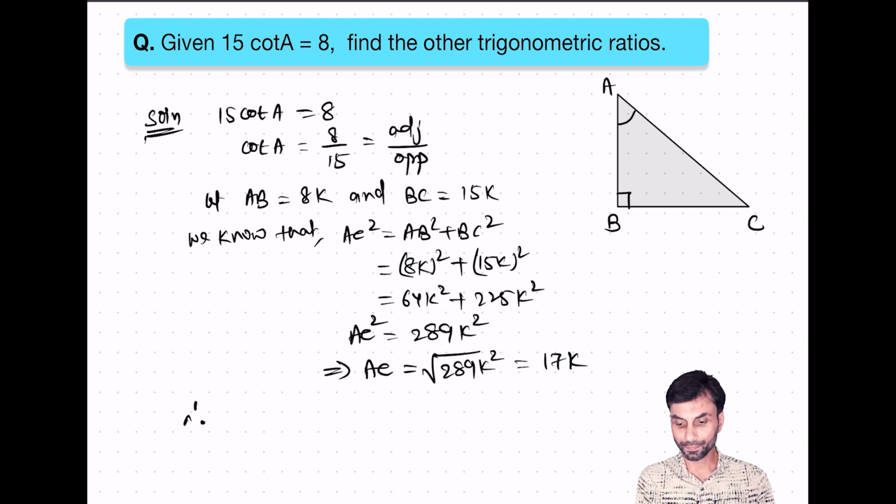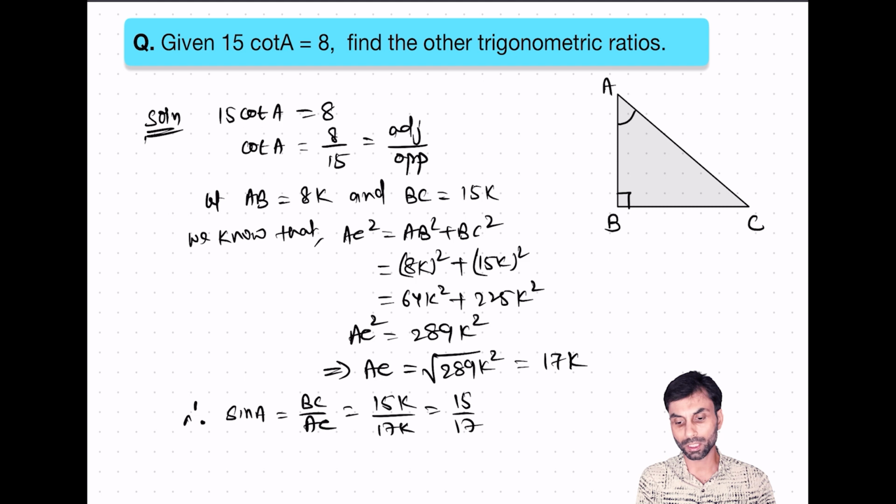Now, therefore, the value of sine A, that will be opposite BC upon hypotenuse AC, and we can write it as 15K upon 17K. The value will be 15 upon 17. Cos A will be equal to adjacent upon hypotenuse, and so that will be equal to 8K upon 17K, that is 8 upon 17.